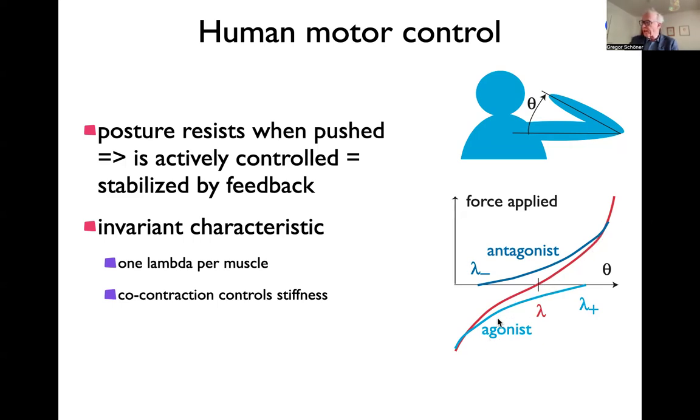It's a nonlinear spring, and that would mean you have an elbow angle at which these two compensate exactly, and the net force would be zero. And if you're extending it, it would resist that extension, trying to get back to this. If you make it narrow, in the other direction, it would resist that and want to go to this default value. So this is sometimes called an equilibrium point of that joint angle.